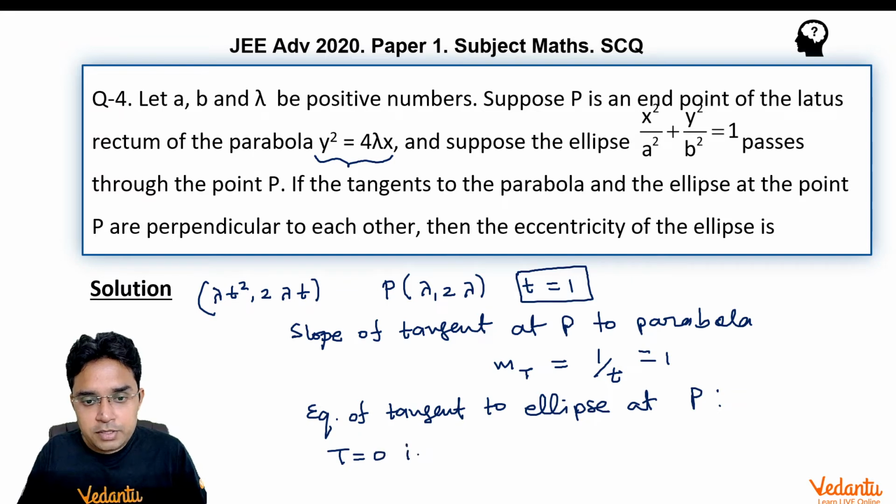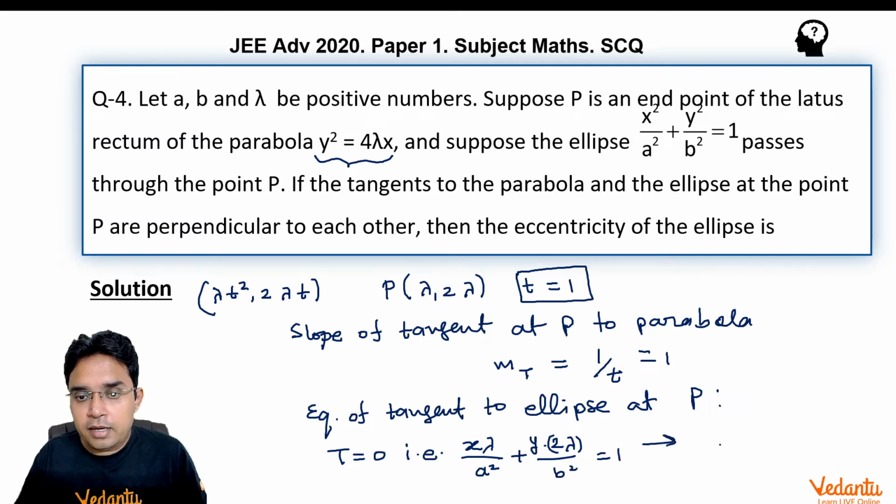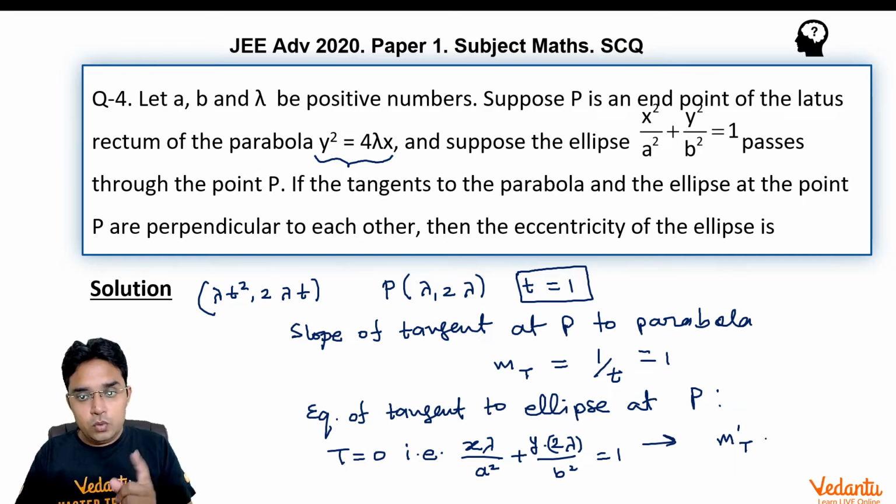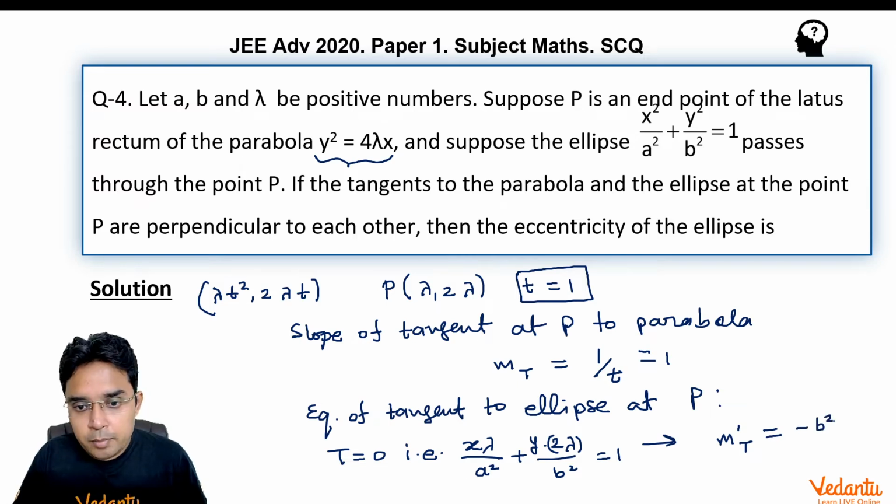T equal to 0 means x into lambda upon a square plus y into 2 lambda upon b square is equal to 1. From this we can write the slope of tangent at P point to the ellipse by just looking at the coefficients of x and y, and this comes out to be minus b square upon 2a square.